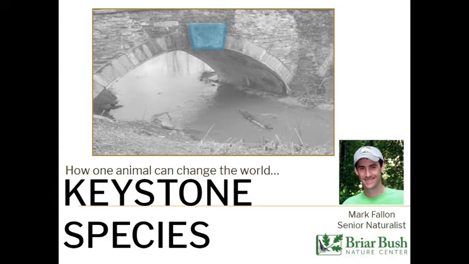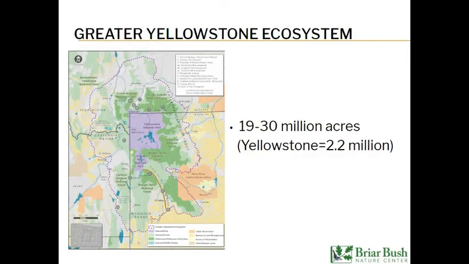And today, we're going to talk about two examples of keystone species. For the first, I'm going to take you on a little trip to one of my favorite places in the world, the Greater Yellowstone Ecosystem, or GYE. The GYE is an area of, some ecologists say, up to 30 million acres.